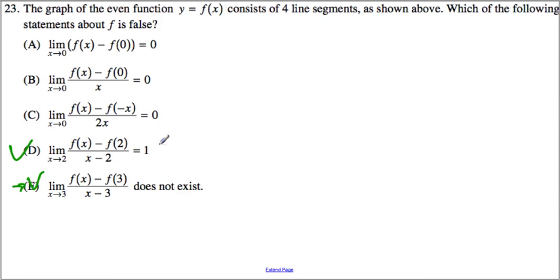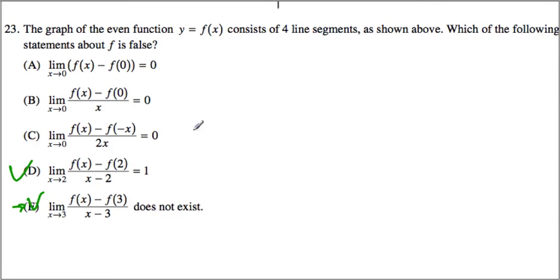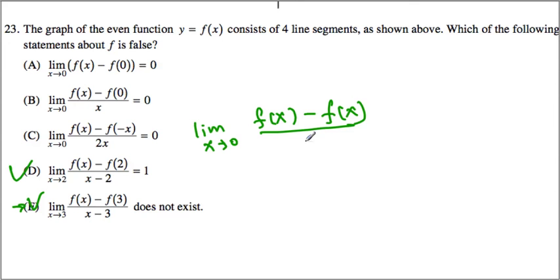Now, how about this one? If I have to rewrite it, because this is an even function, you'll realize it is the limit as x approaches 0 of f of x minus f of x over 2x.